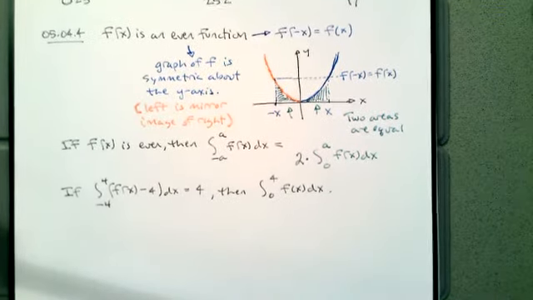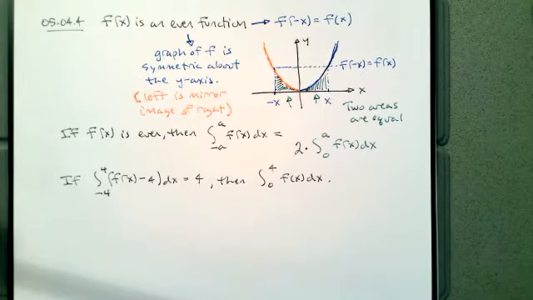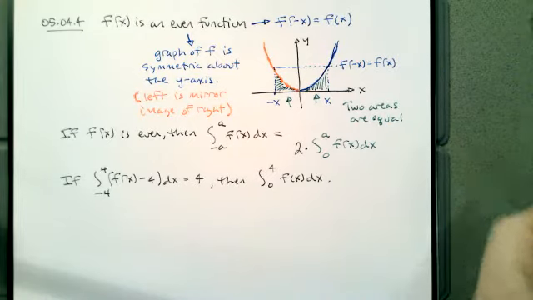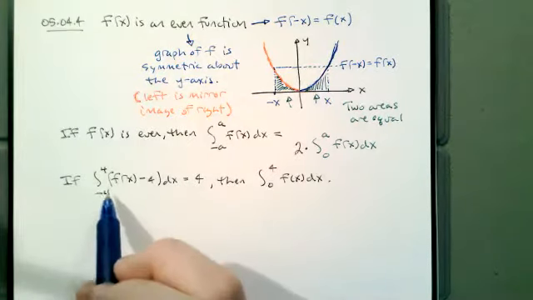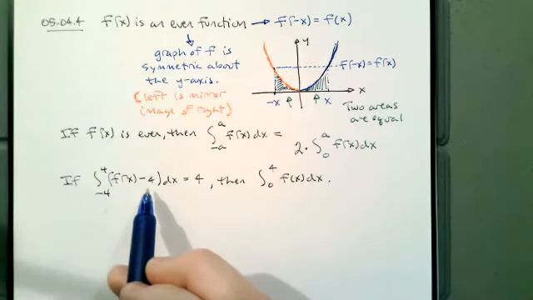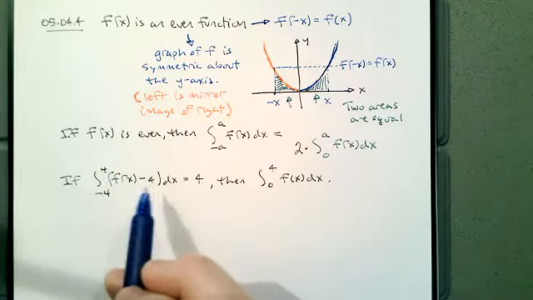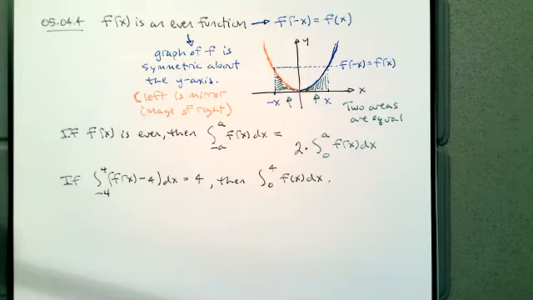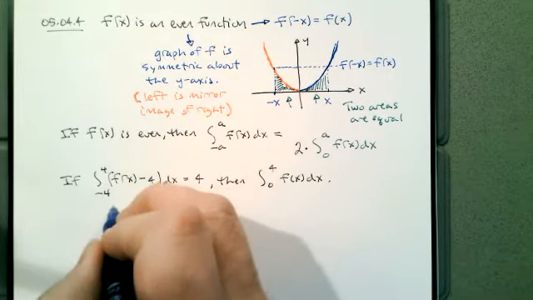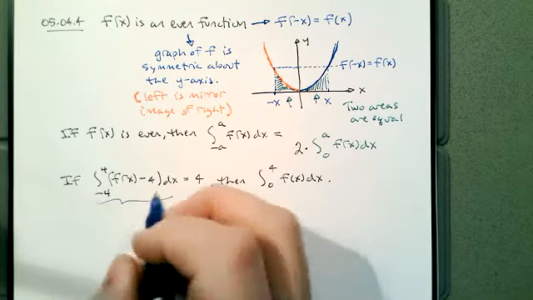So here we're just going to use properties of integrals. I have the integral from negative 4 to 4 of f of x minus 4. I have two terms. And since we know that integration is a linear operator, I could just split this up. So this integral can be rewritten.